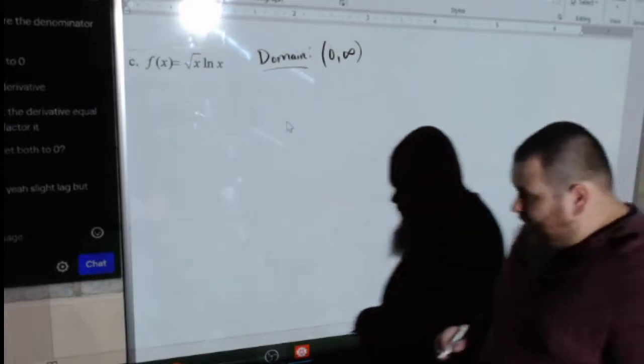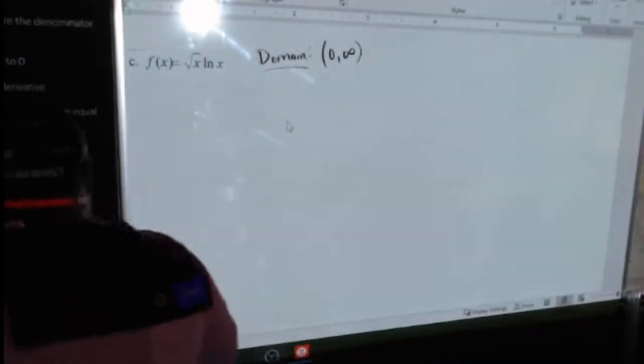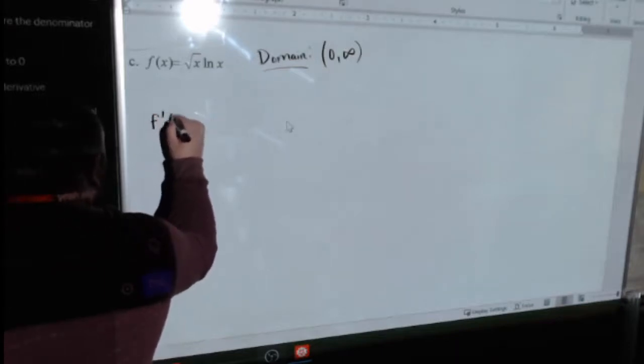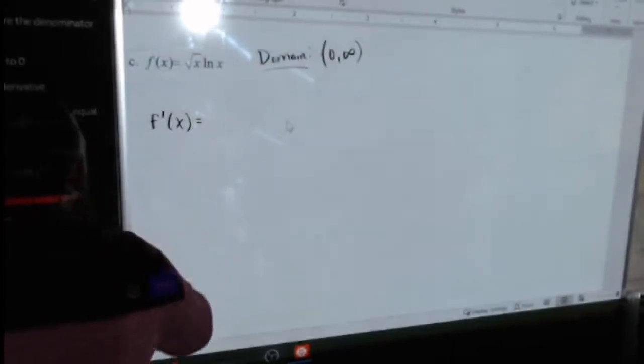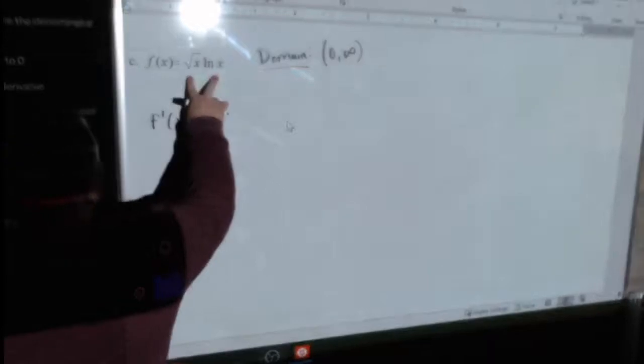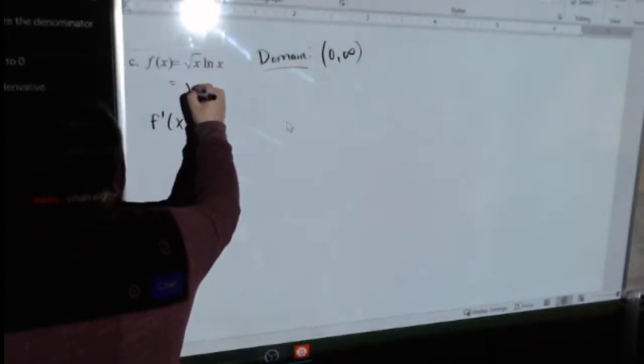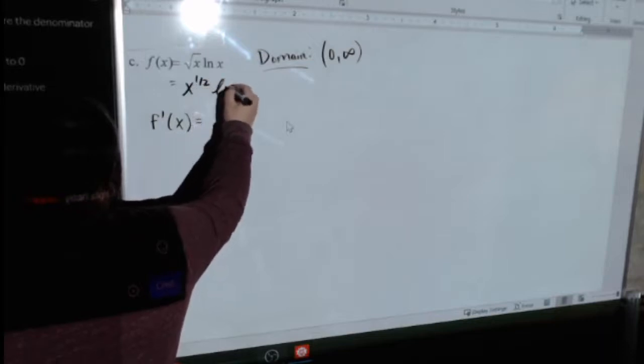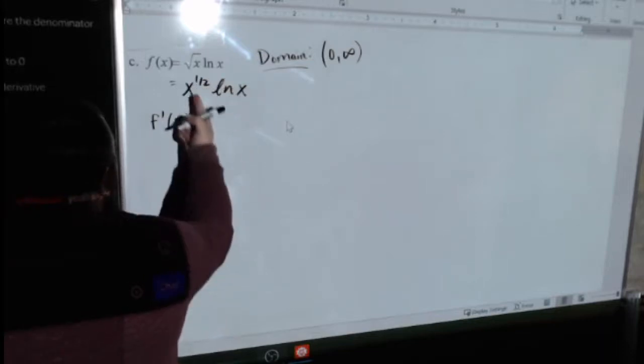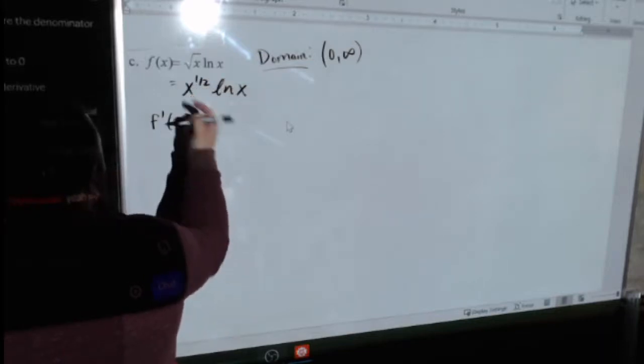So again, let's start by finding f prime. This is again a product, so if you like, you can rewrite it as x to the 1/2 natural log x. Let's go ahead and differentiate this guy first.